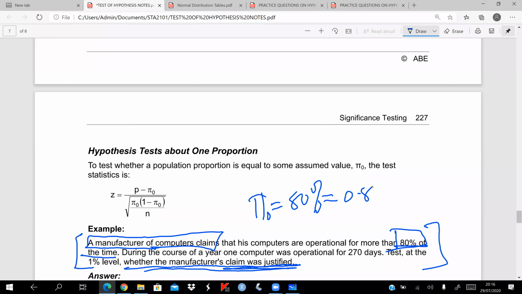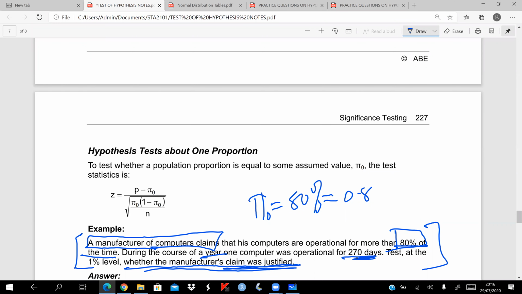But now you decide, maybe you have bought this computer from this place and you observe this computer for a whole year, and it's working for 270 days within a year. So what are we getting there? What is 270? What is 270 days here?